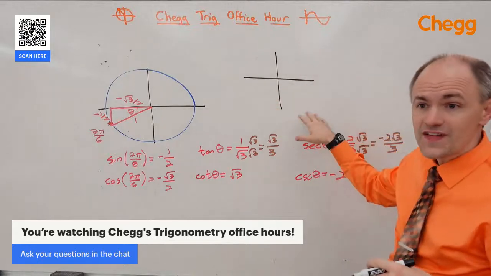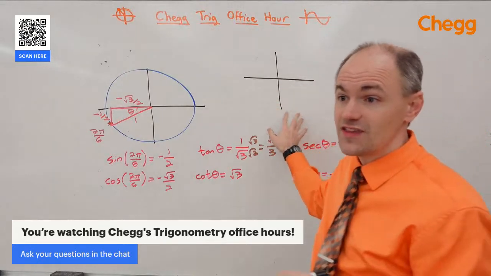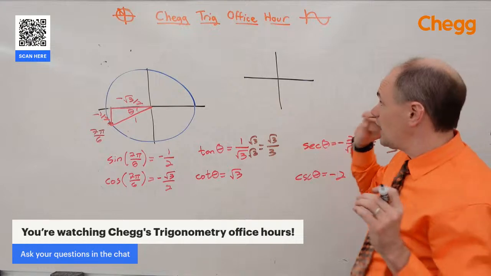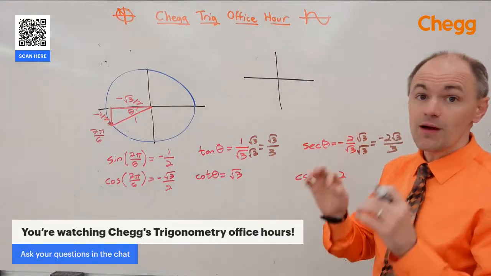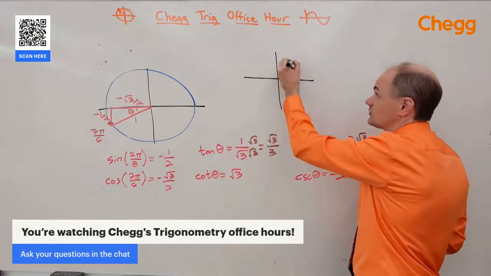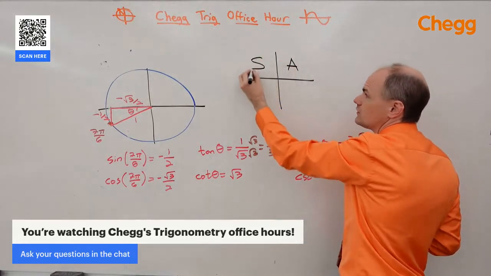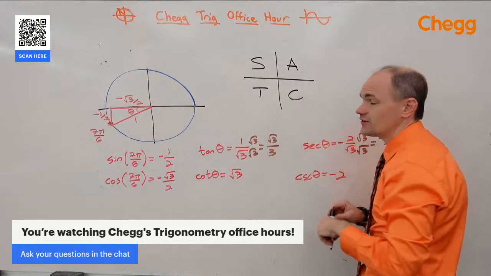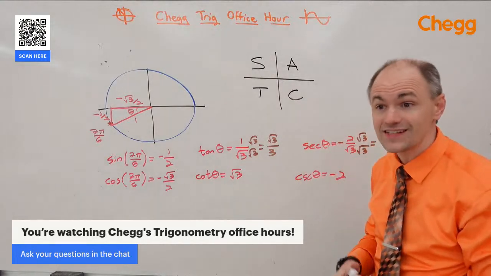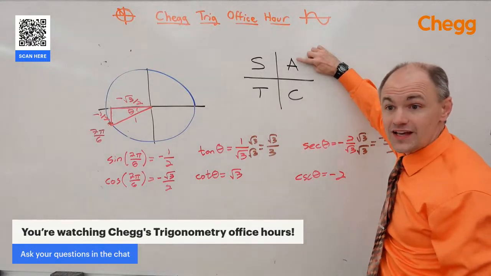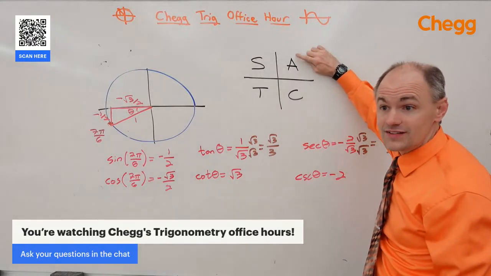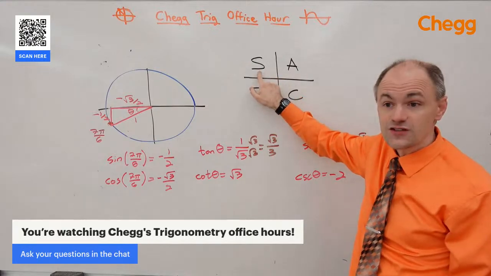To help me remember what things are positive, I think about the phrase, all students take calculus. If you can remember all students take calculus, starting with quadrant 1, that tells you who is positive in that quadrant. So up here, all sine, cosine, and tangent, all of them are positive right here. S stands for sine.